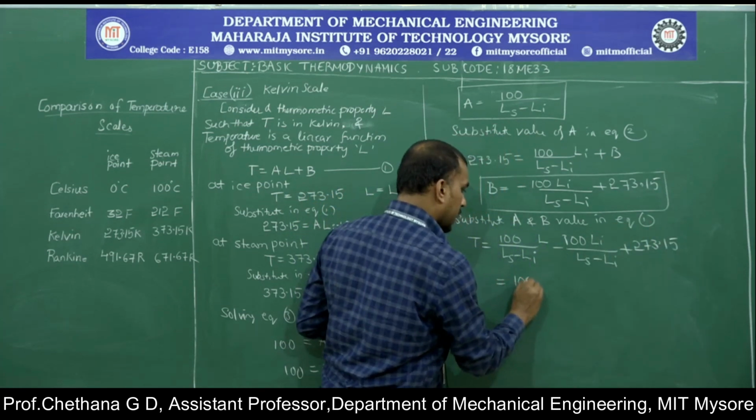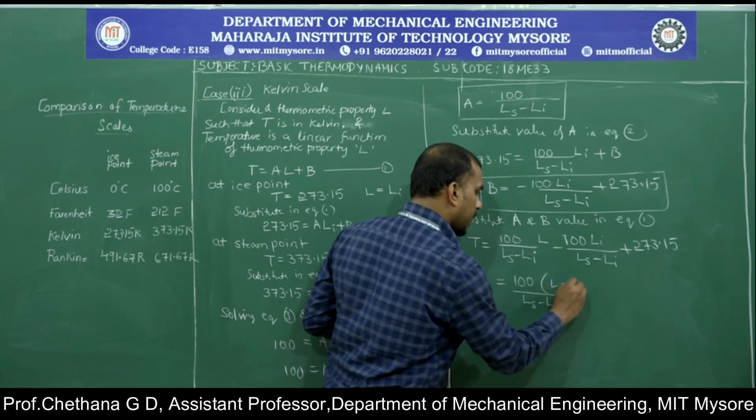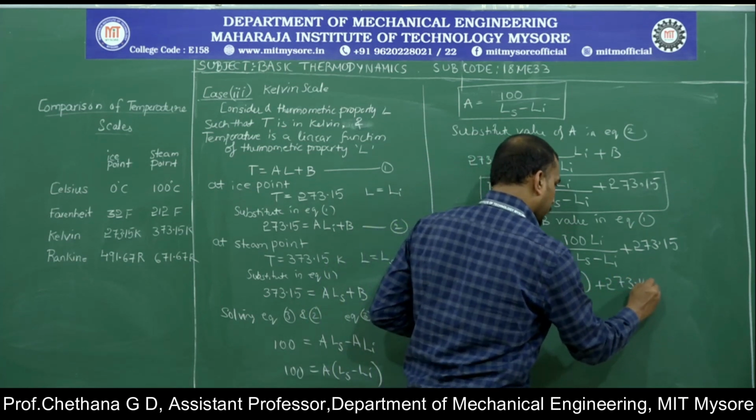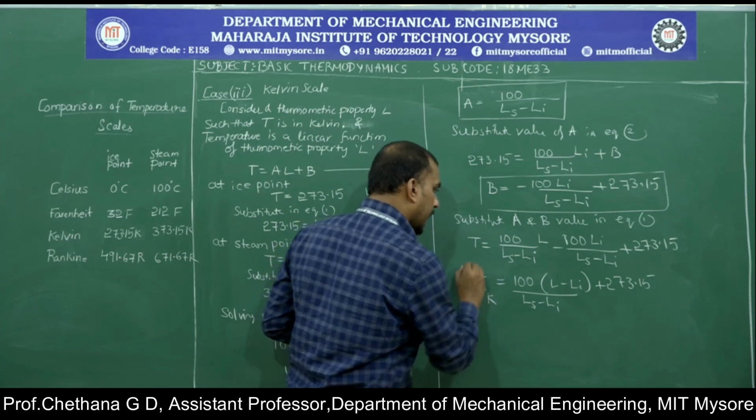Or you take the common out, 100 divided by Ls minus Li is common, so you remain with this L minus Li, plus 273.15. So this is the expression for temperature in Kelvin.